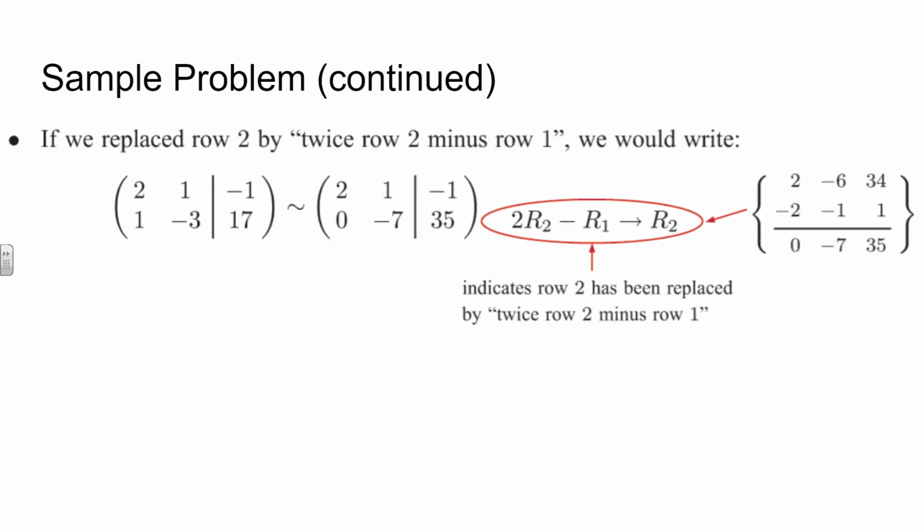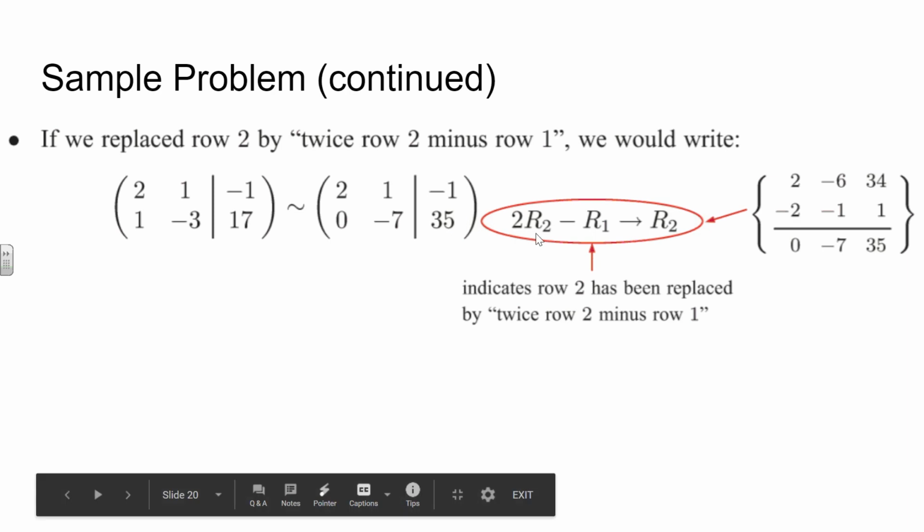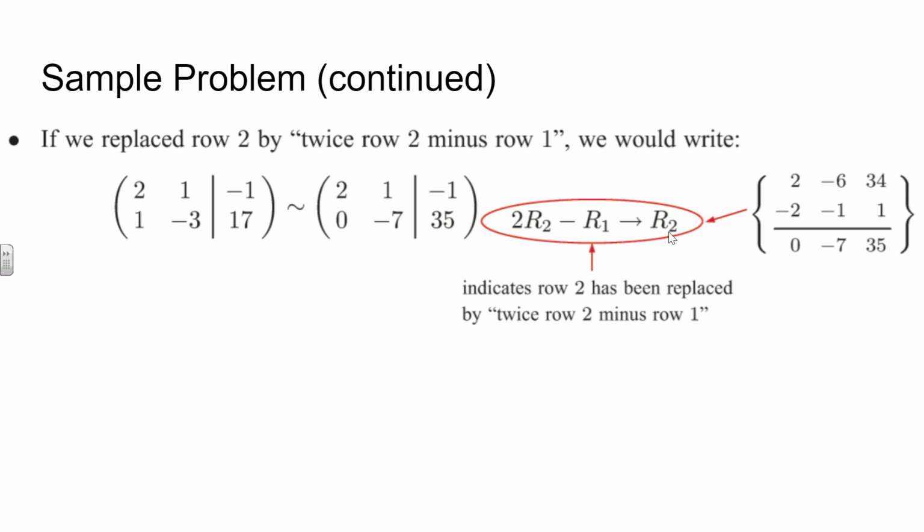All right. Then if we wanted to do even one more row operation, we could leave the top row by itself, and we can make the bottom row 2 times R2 minus R1, and that is going to take the place of the current values that are in row 2. So if I say 2 times R2, that means I'm going to take 2 times this one value, and then I'm going to subtract the value that's in the first row.